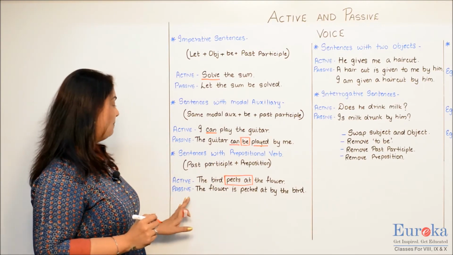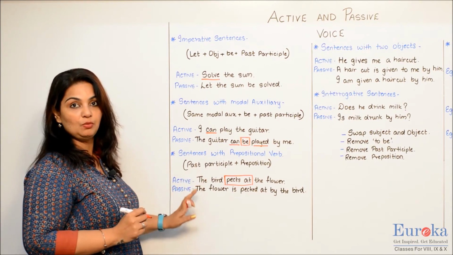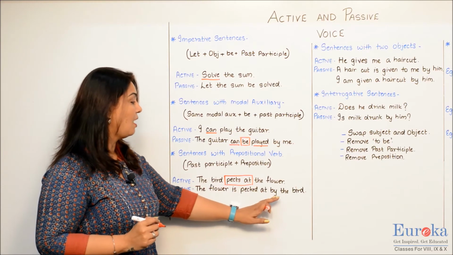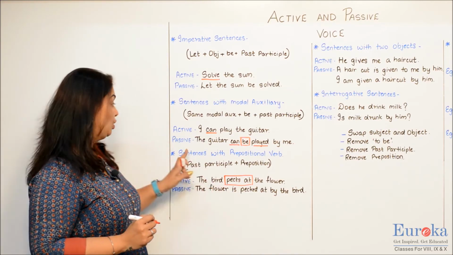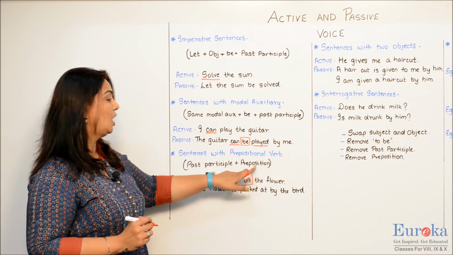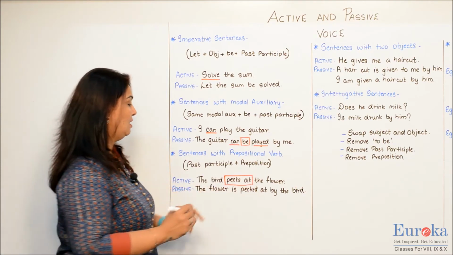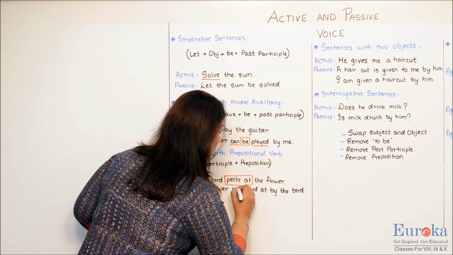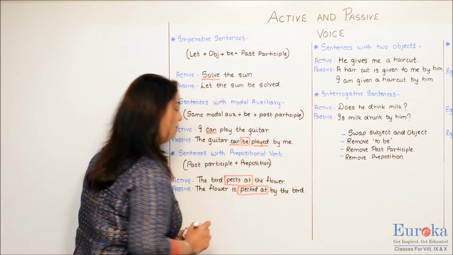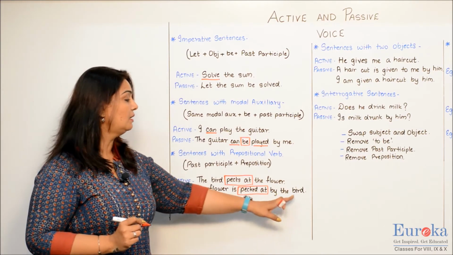That means, in the passive voice, this statement gets converted to, the flower is pecked at by the bird, using the past participle of pecks being pecked along with the preposition at. So, over here we do this, pecked at by the bird.